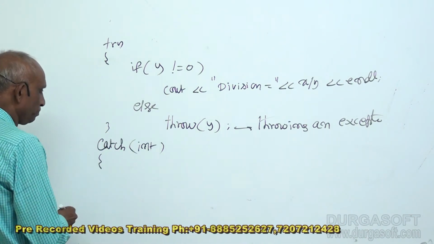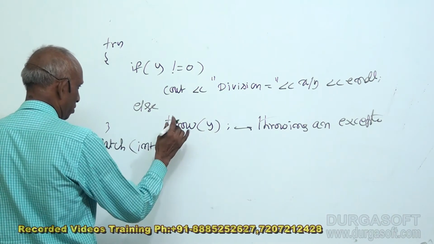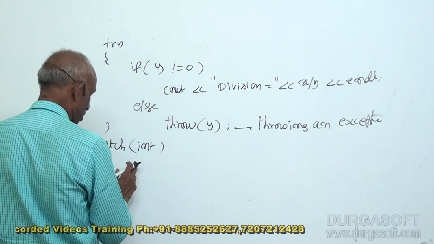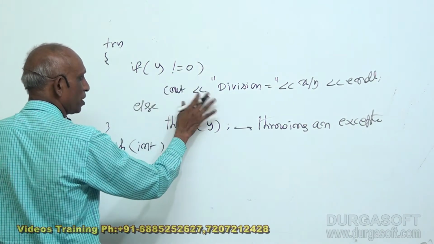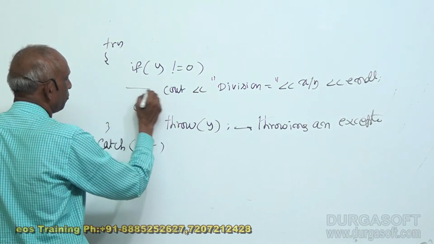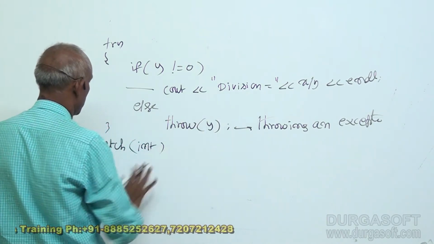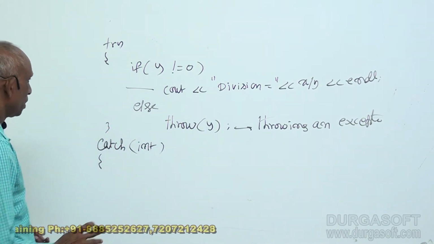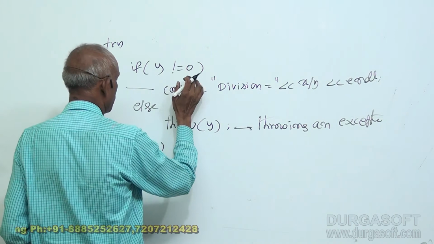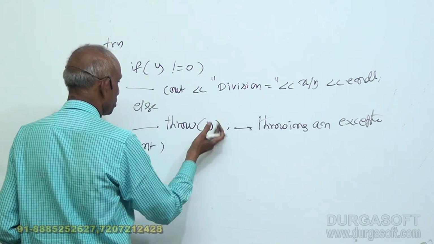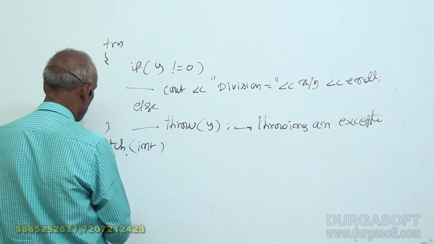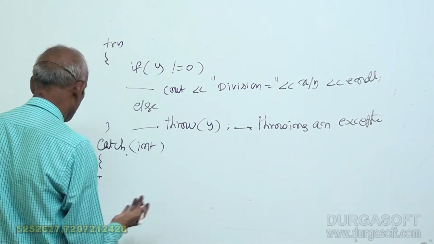If at all something is thrown, it will be caught here. If the denominator is not 0, control will come here, display division and get out, no problem. If y is 0, then throw y; y is thrown and caught here, and control comes here. What will you do?